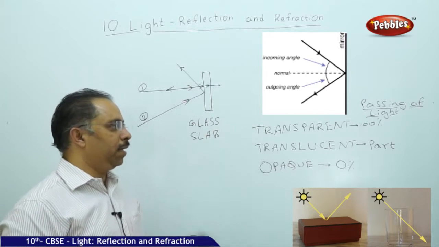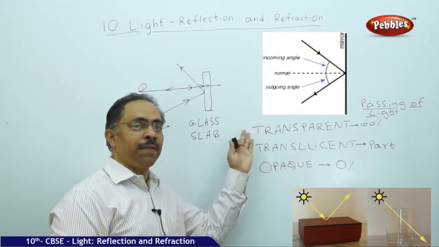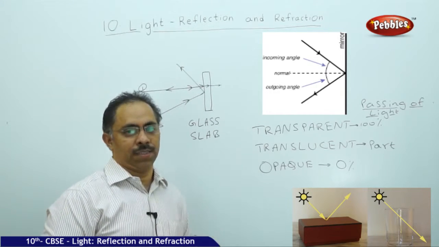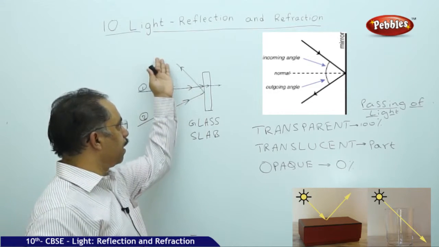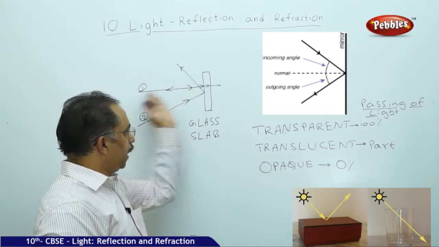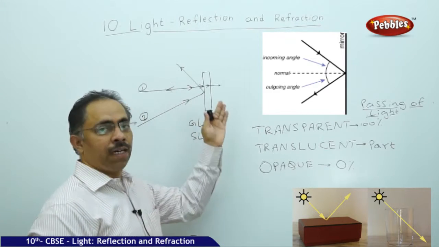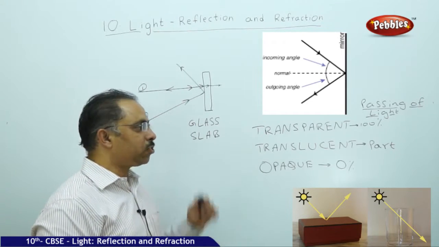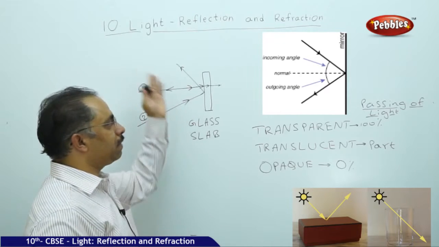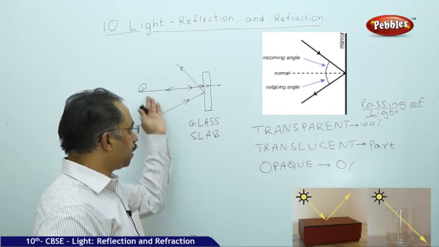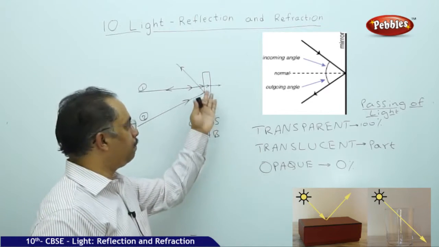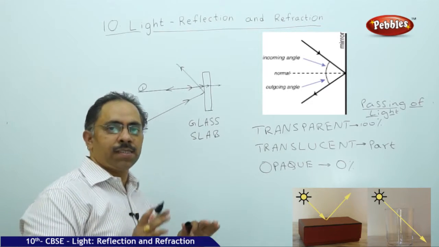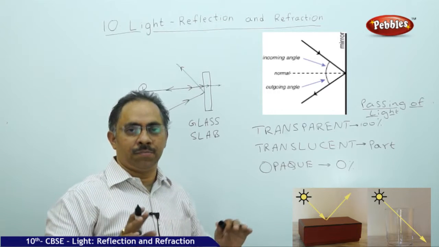A glass slab can be transparent or it can be translucent. So what will happen if it is transparent? The light will not get reflected back like this. It will allow complete passing of light through it. If it is translucent, then a part of the light is reflected, a part of the light is transmitted out, and a part of the light is absorbed. This is what will happen for any object.